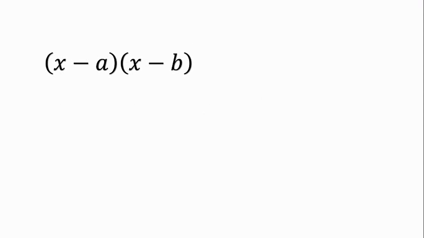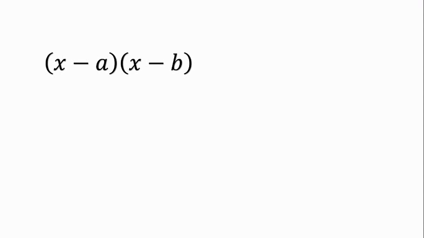So using routine mathematical processes, what we want to do is multiply x minus a times x minus b first, then we get a product, and then multiply x minus c, and so on until we get to x minus z. Now let's go ahead and do that. So when we multiply two binomials, we use the FOIL method.